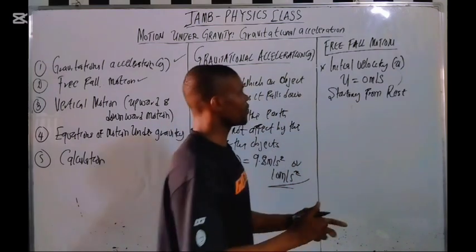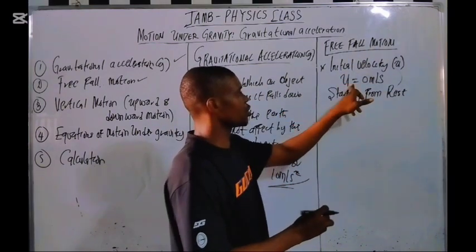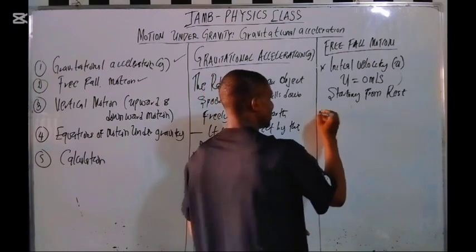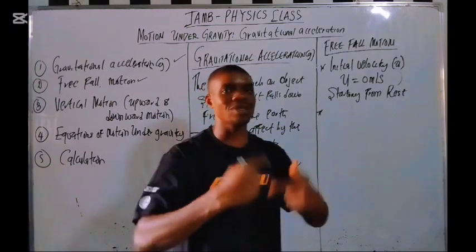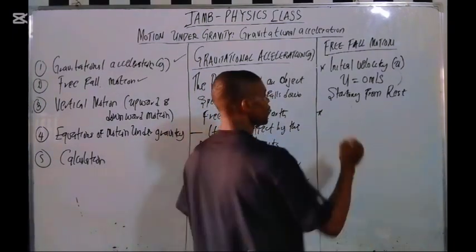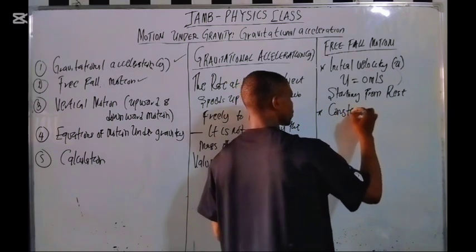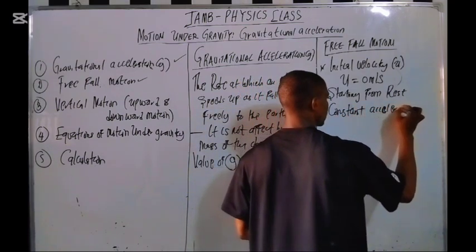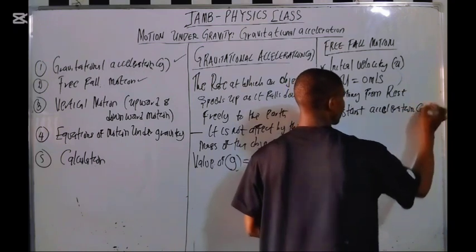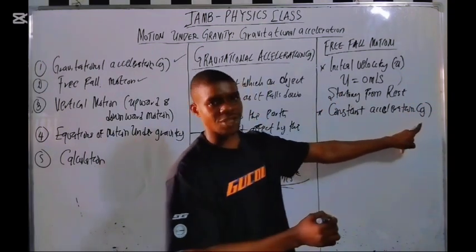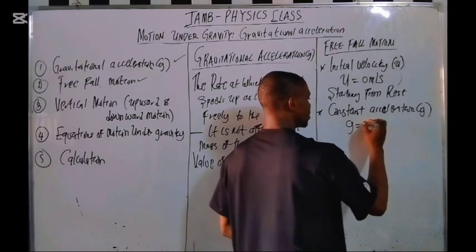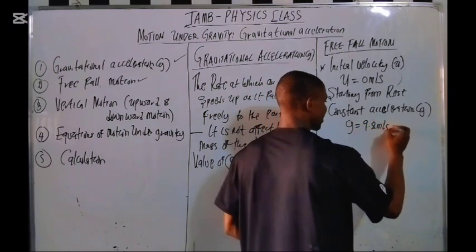So whenever you have free fall, the initial velocity is 0 meters per second. The next is that it is falling with constant acceleration, which is g, the gravitational acceleration, and g equals 9.8 meters per second square.